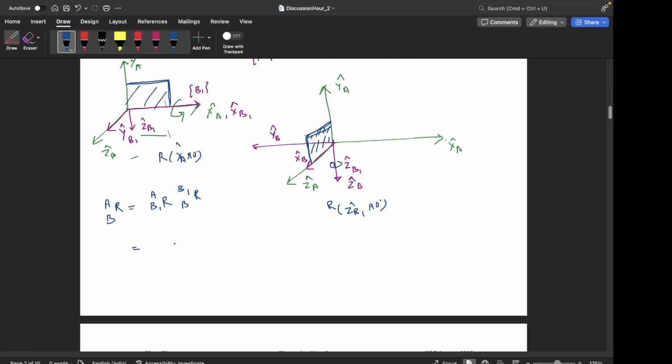So in this case, the first would be R X A, and then here would be R Z B1.